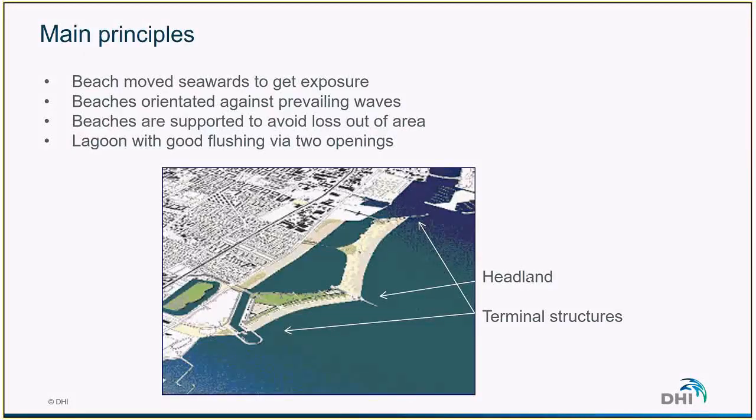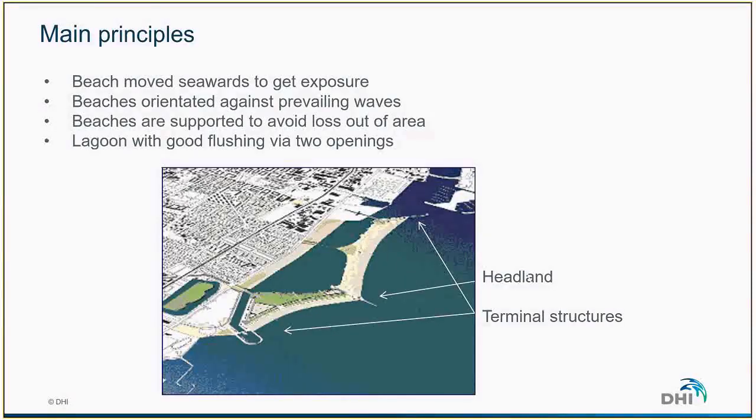The beach has been oriented towards prevailing waves, so two main wave directions from northeast and from southeast. We can see that the two stretches of the beach have different orientations. Then some terminal structures and headlands have been added in order to maintain the sand in each stretch of the beach.